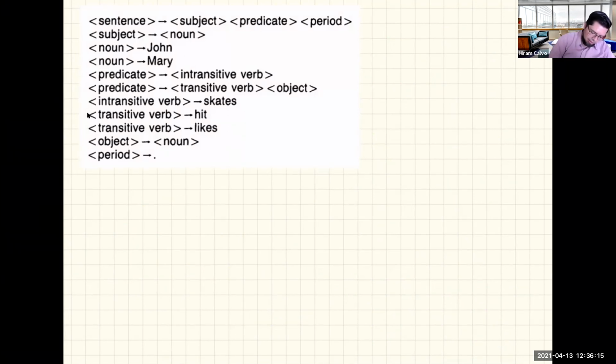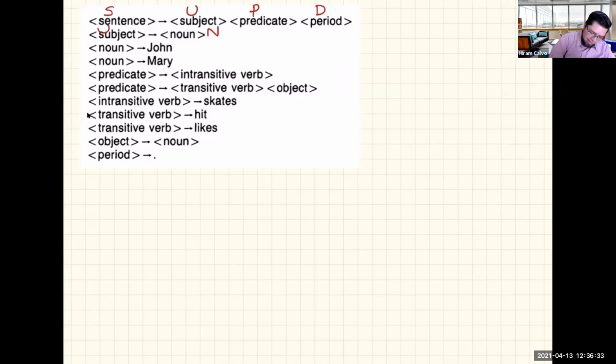For example, let's say for each sentence, this will be S, subject will be U, predicate will be P, and this will be D for the period.